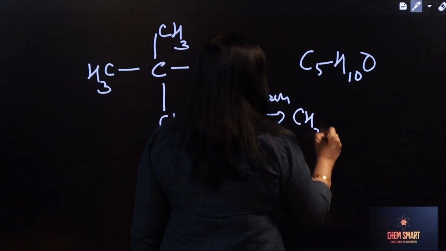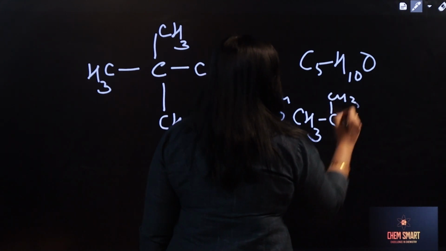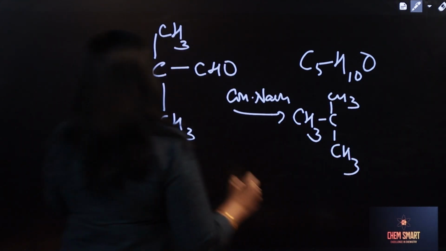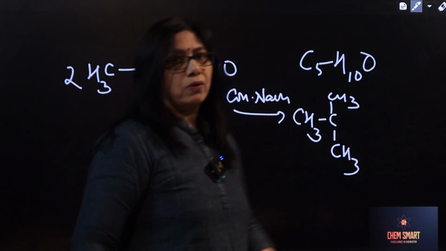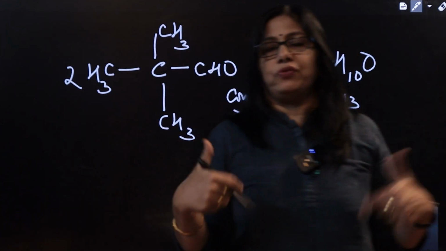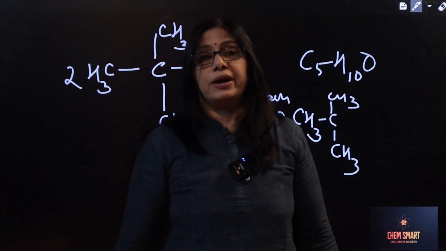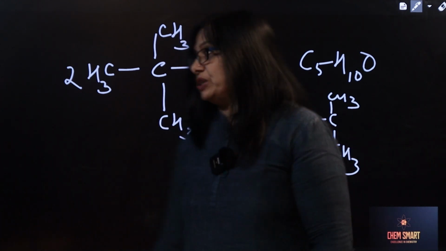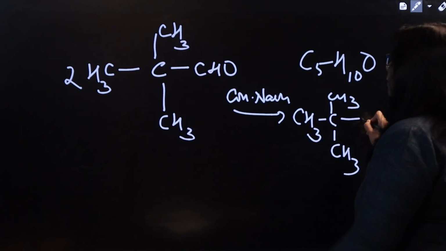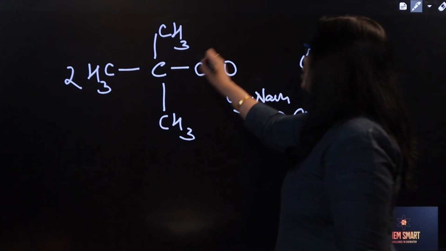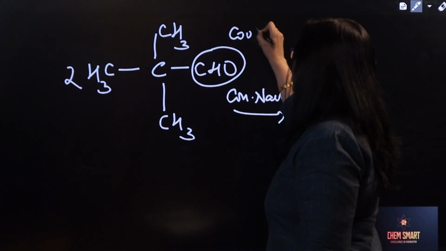Now, what will be the products formed in the Cannizzaro reaction? You know, in Cannizzaro, there will be 2 molecules used. One for oxidation, one for reduction. Self-oxidation and reduction, which is nothing but disproportionation. So the first one, the CHO will change into COOH during oxidation.